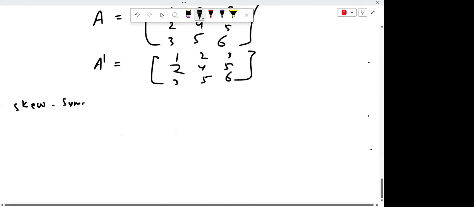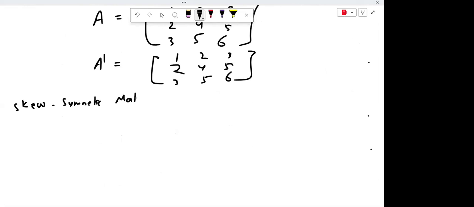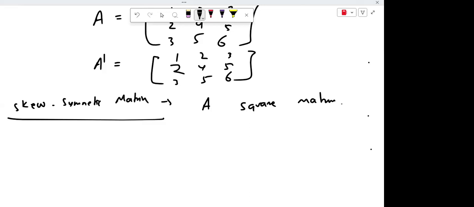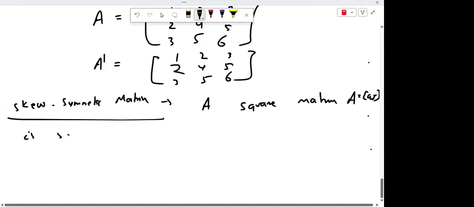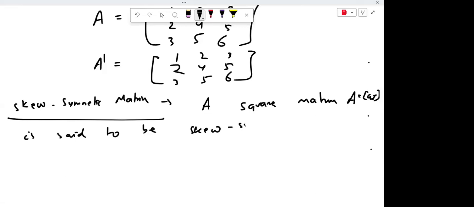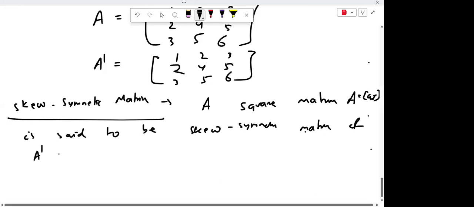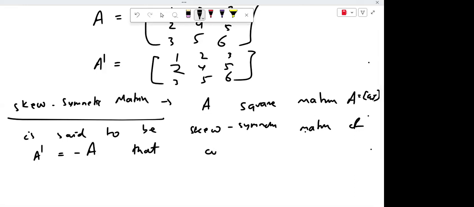Skew symmetric matrix. A square matrix A equals to Aij is said to be a skew symmetric matrix if A dash equals to minus A, that is Aji is equal to negative of Aij.